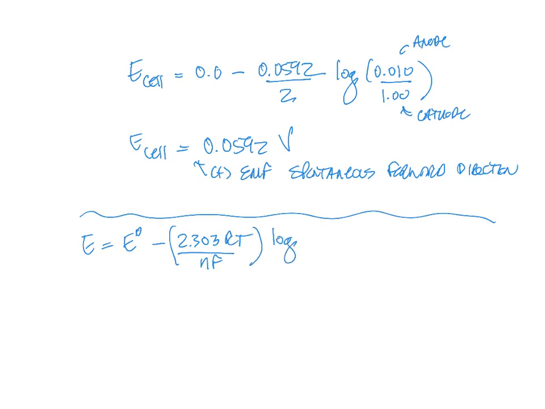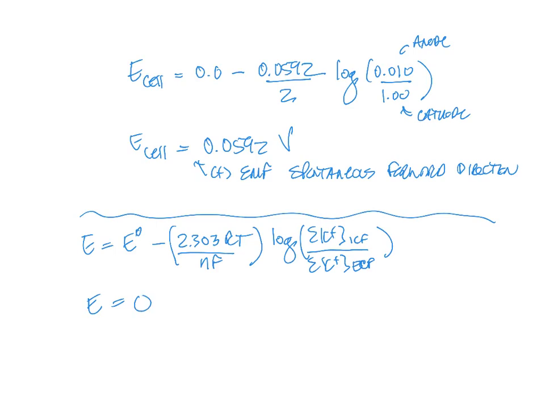And we would use in this place the log of the potassium in the intracellular fluid divided by the potassium in the extracellular fluid. And if I look at those numbers, I'll place them in the next line.